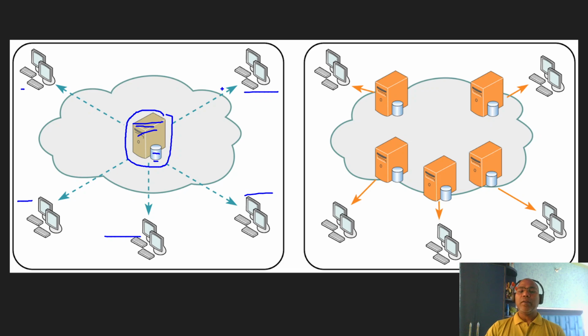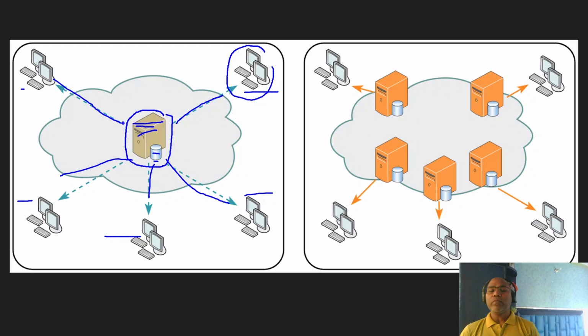But think about the locations of the customers. If these customers are very far away from your server, there is a larger distance from your server to the customer. At that time, network latency is going to add to your system's performance.